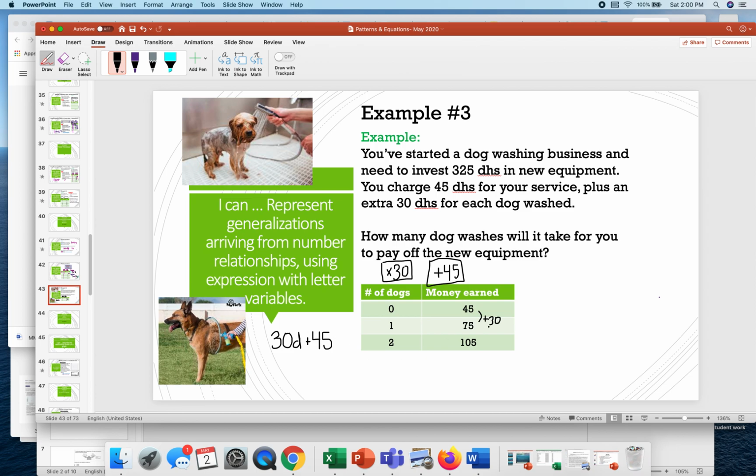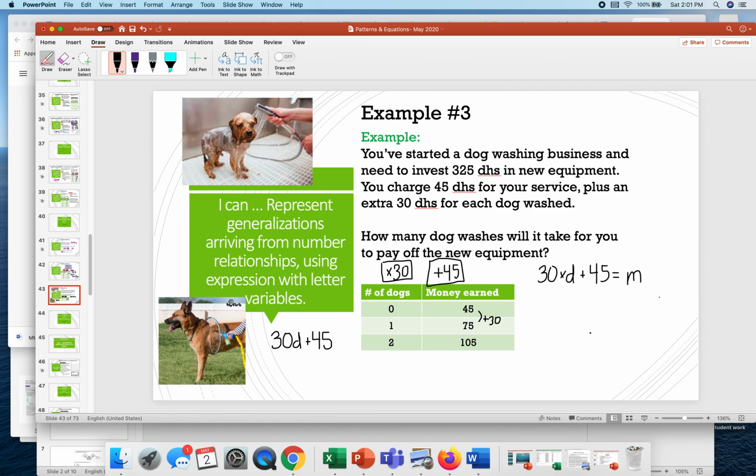If I want to write an equation, the equation's going to be 30, I'm just going to put a times in here. 30d means the same thing, right? 30 times d plus 45 equals, I'm going to put equals m for my money that I've earned.